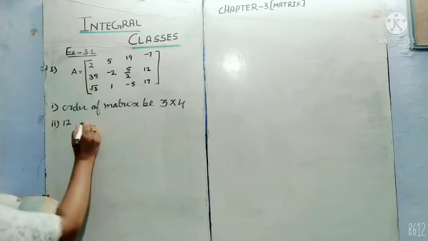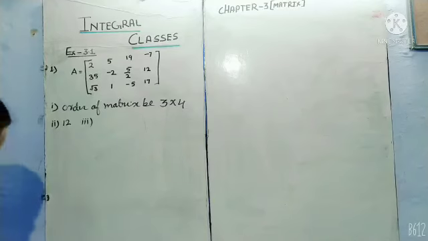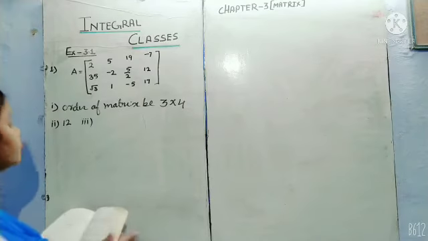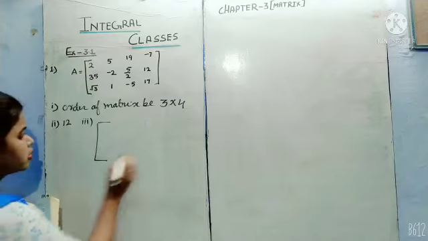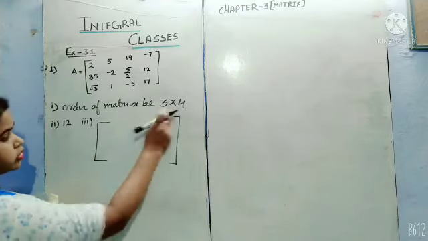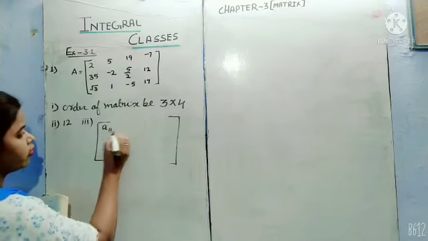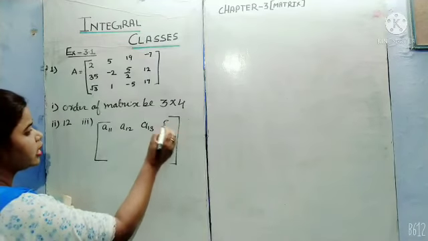Now question number 3 is to write the elements A13, A21, A33, A24 and A23. Student, suppose we write a matrix which has 3 rows and 4 columns: A11, A12, A13, A14.